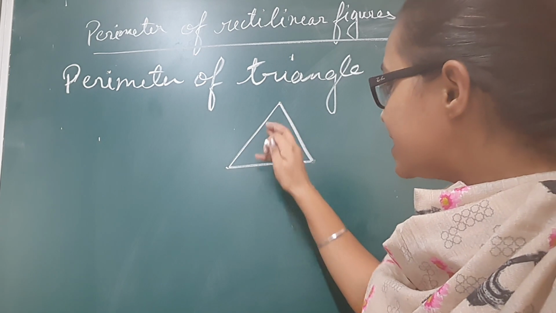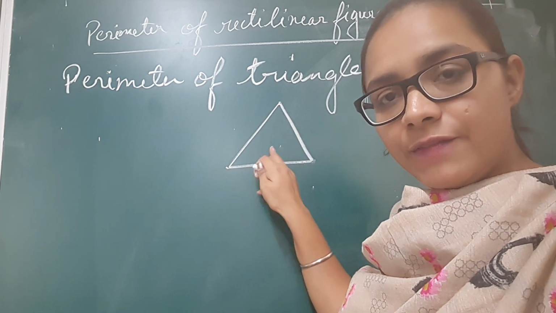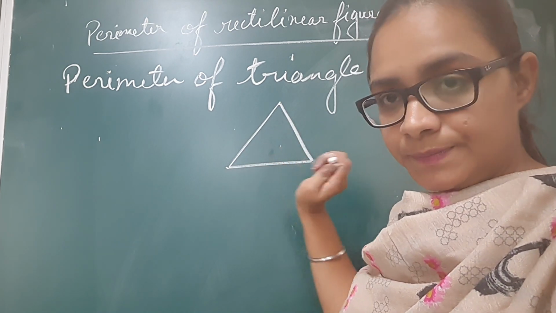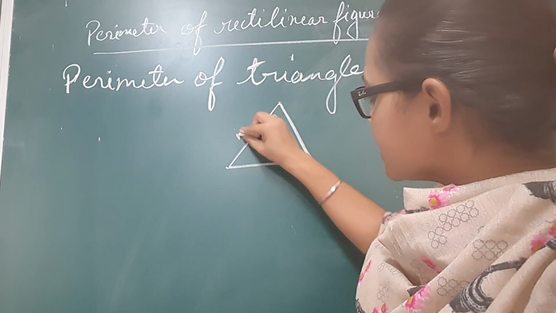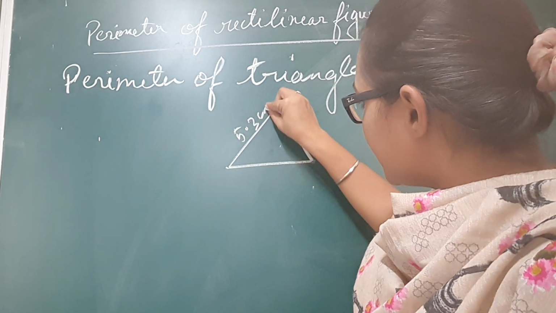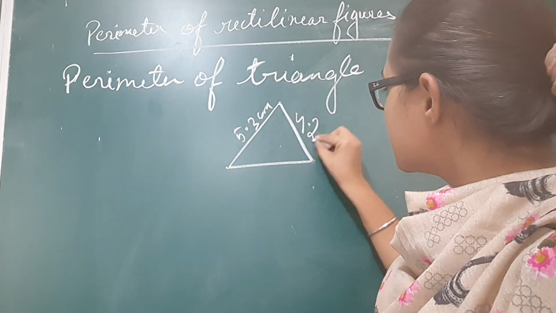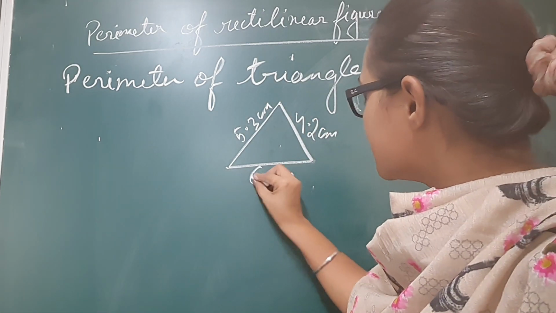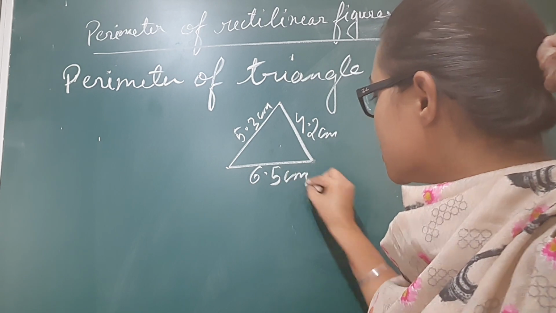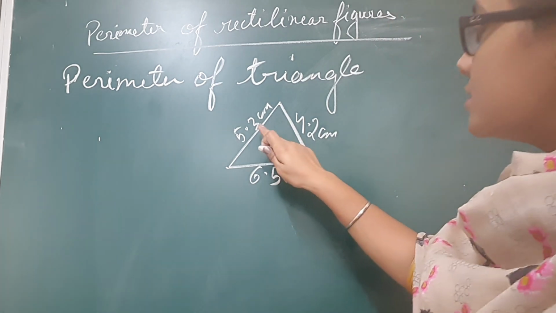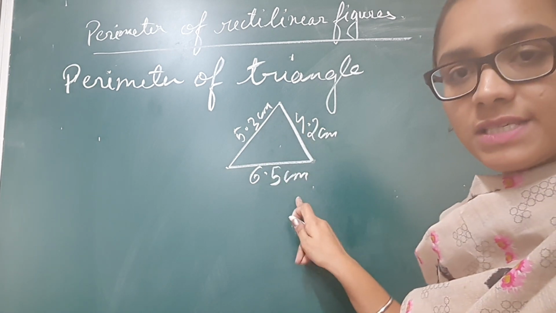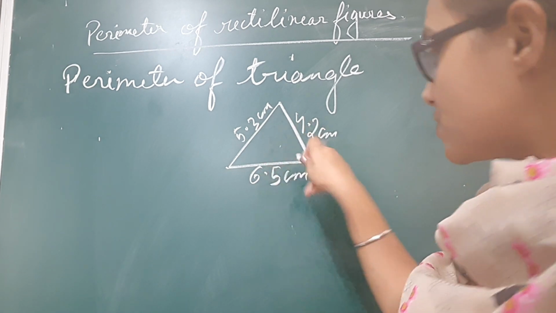So when these three lines join, it forms a triangle. Okay. So if it is given 5.3 centimeter, 4.2 centimeter, and this 6.5 centimeter, to know the perimeter of this triangle, you have to add or get the sum of all these sides. So there are three sides.